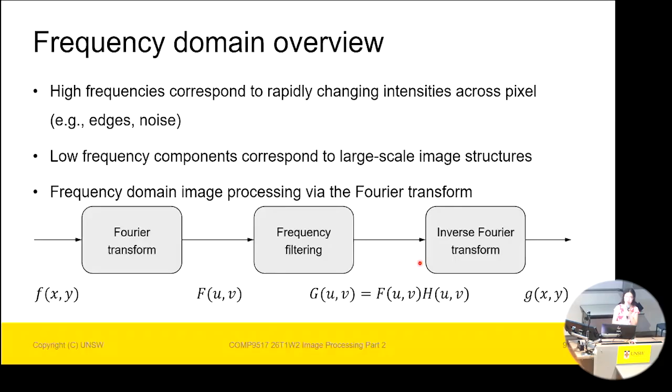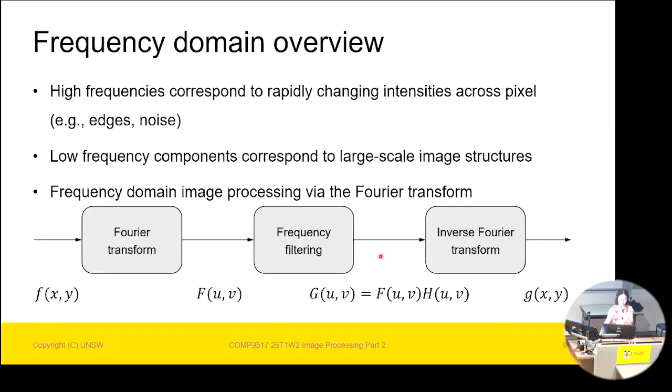In the spatial domain, filtering is about convolution. For every pixel, you compute a convolution operation around that pixel, and then you slide the kernel and do another convolution. If the image is of m by n size, then you need to do these convolutions m by n times. That could be a lot of computation.